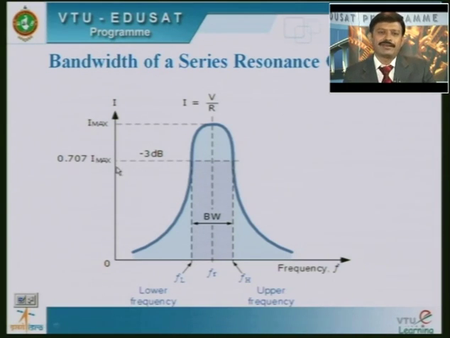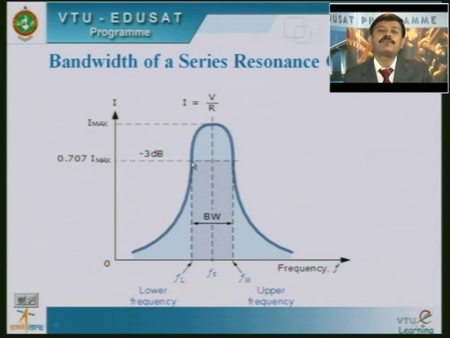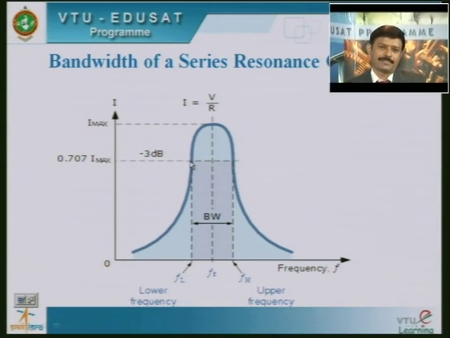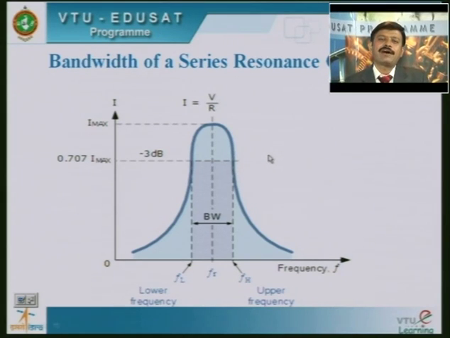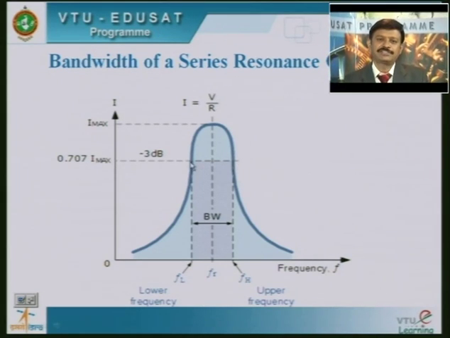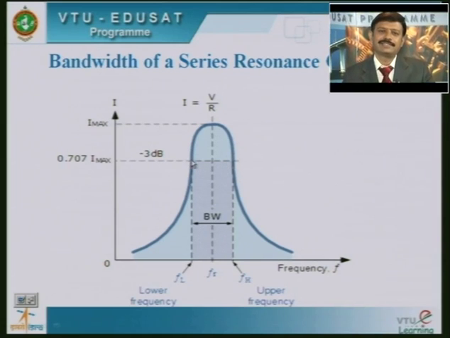And power at these 2 points: the power equation will be P equal to I square R, and power at these 2 points is half of the total power. So, P is equal to I square R by 2 at these 2 points, that is at the minus 3 dB points, at cutoff points.